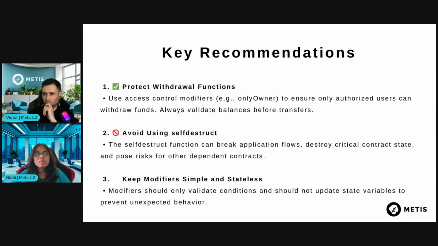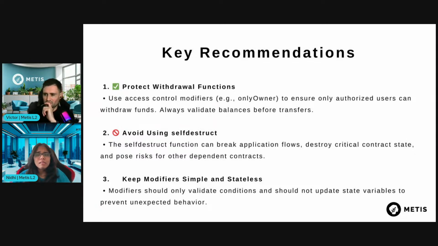The self-destruct function is meant to erase your bytecode. It does not erase your bytecode from the blockchain, but it is a convenient way to remove a contract, which again introduces a range of risks. It can break the application's flow by suddenly destroying a contract, leaving dependent systems or users in a broken state.